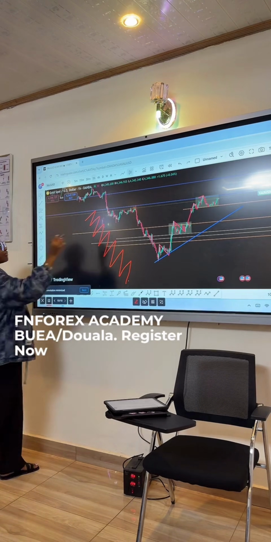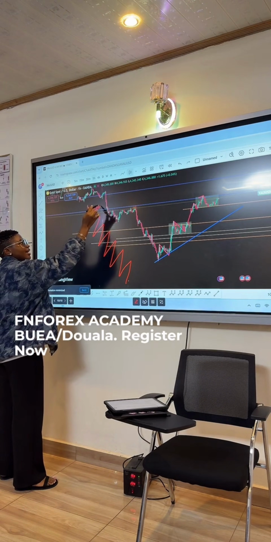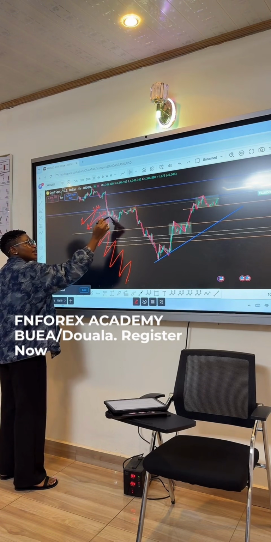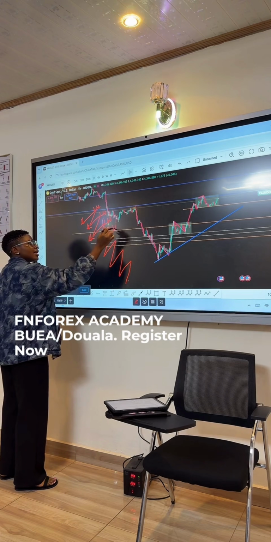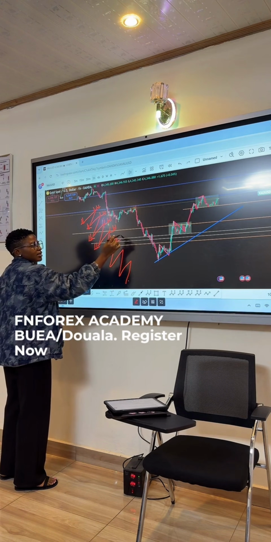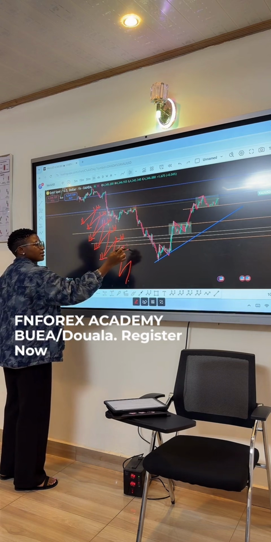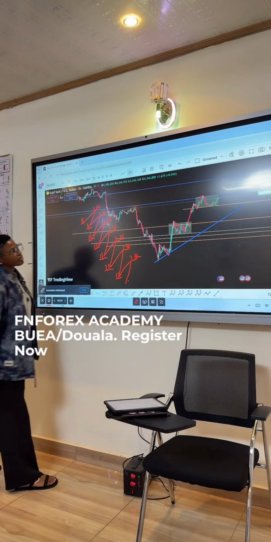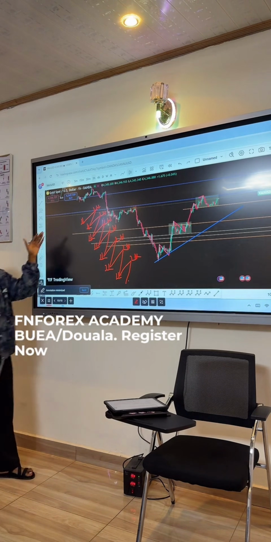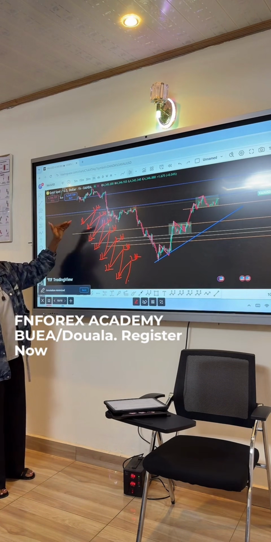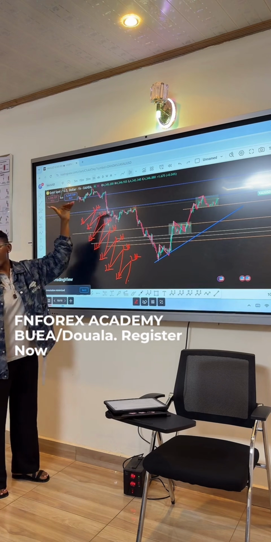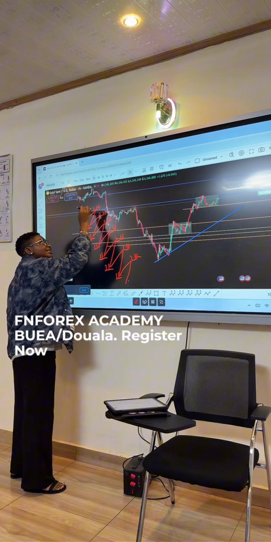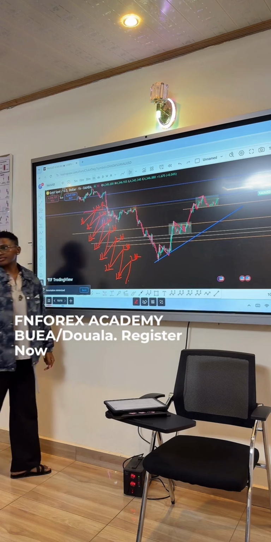Okay. A downtrend is formed by connecting lower highs and lower lows, lower highs and lower lows. Now, a lower high means we want to sell from this high, and this high is the resistance level.